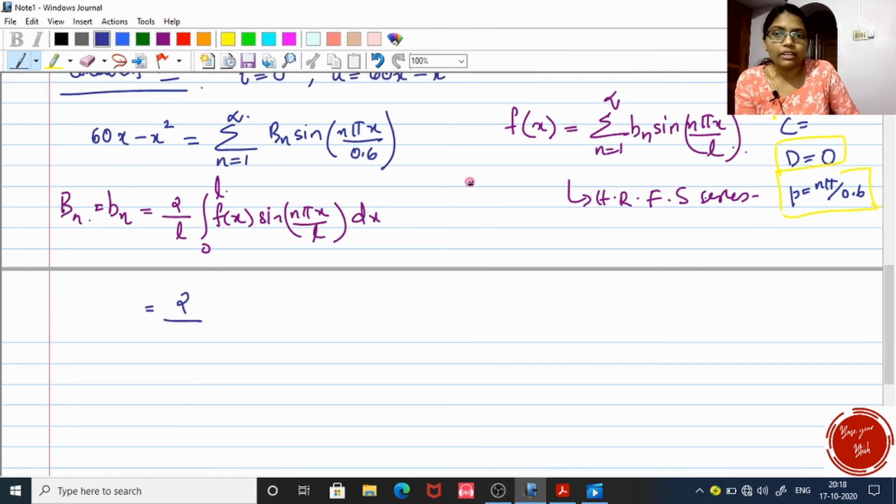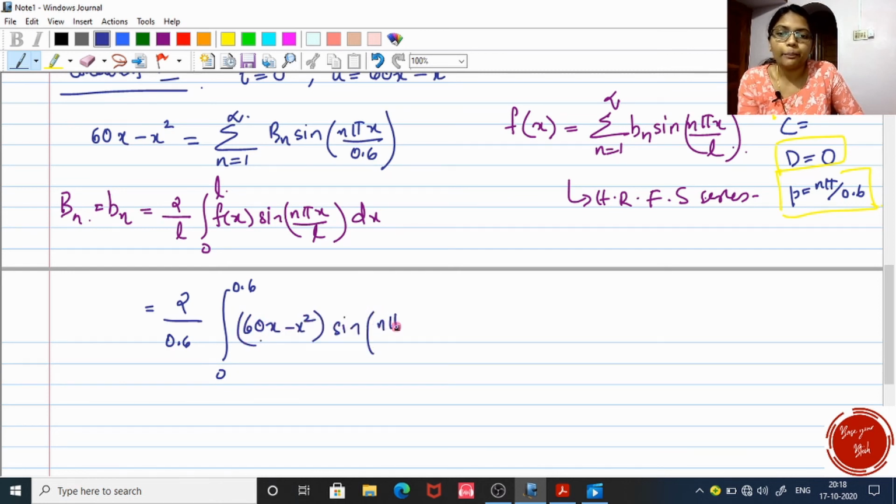2 divided by our L value, by mere comparison it is clear that L equal to 0.6. So 2 divided by 0.6 integral 0 to 0.6. What is f of x? F of x is the LHS part, 60x minus x square, and sine n pi x divided by 0.6 dx. Okay. Remember, our main aim was to get the values for the constants, isn't it?